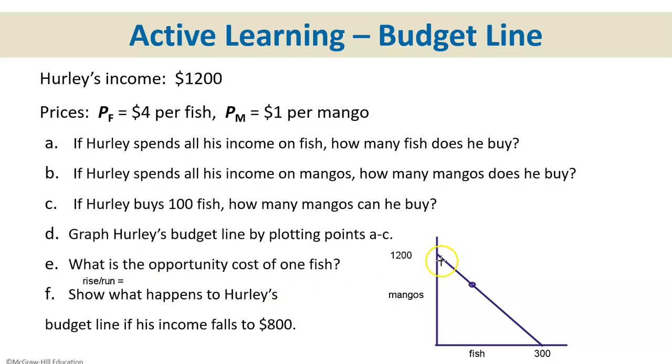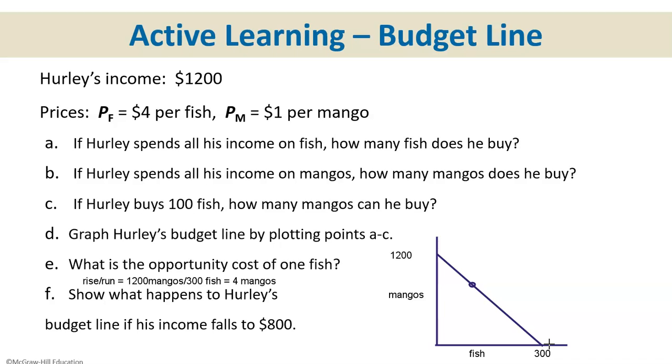In this case, our rise is the vertical portion here, so 1,200 mangoes, divided by the run, which is this part right here, which is 300 fish. So what we get is, for every one fish, Hurley would have to give up 4 mangoes. That's how we solve for opportunity cost.